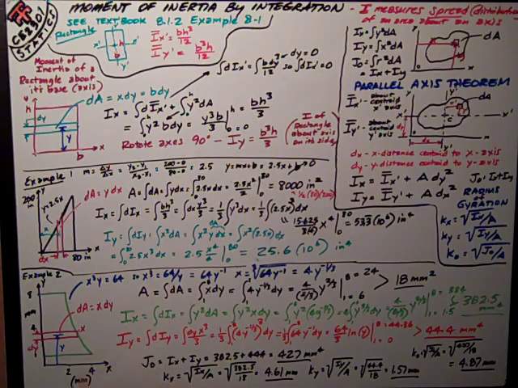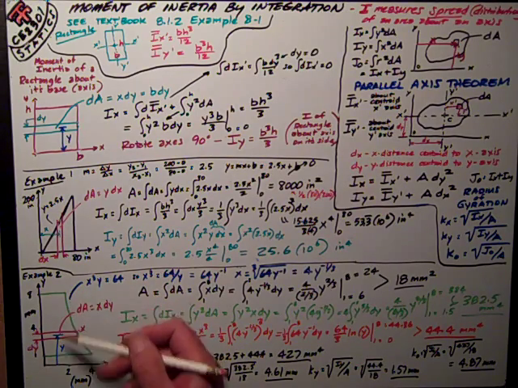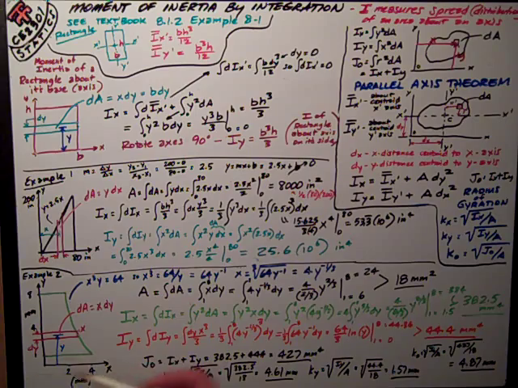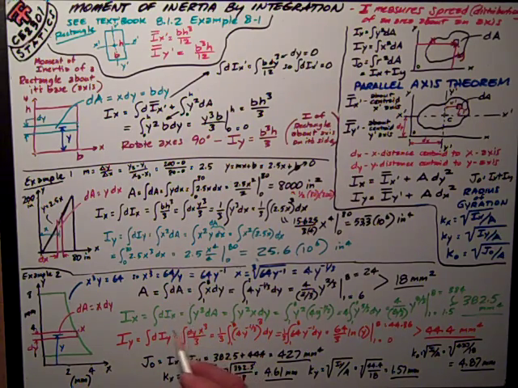The moment of inertia about the x-axis of this shape. What I'm trying to do is get the moment of the spread of this area about this x-axis down here that it's 1 away from. So, break it up into a horizontal strip, use that same dA.